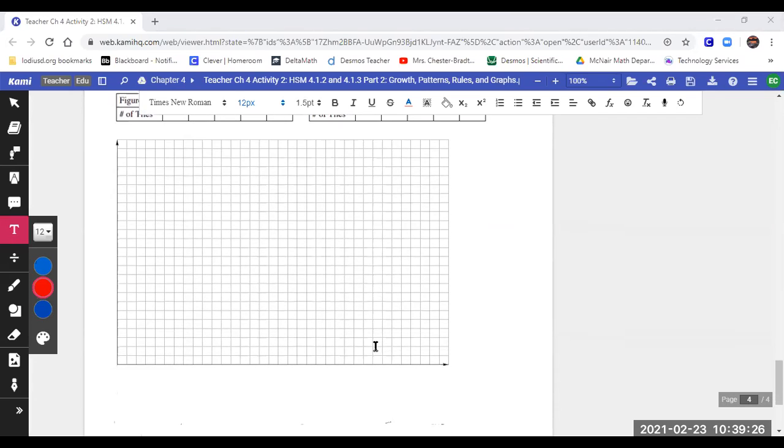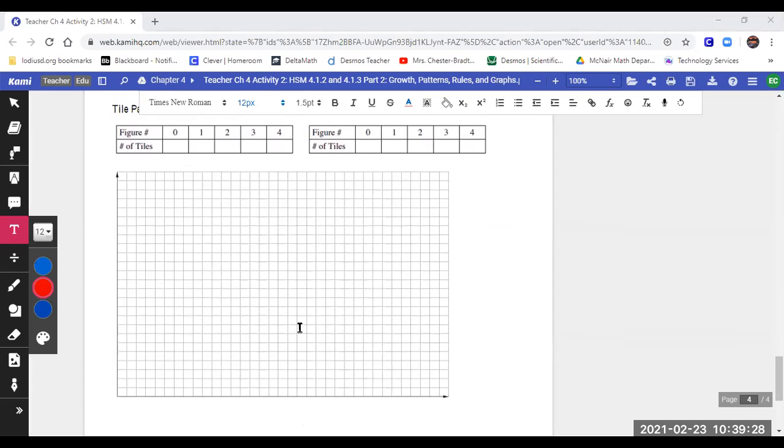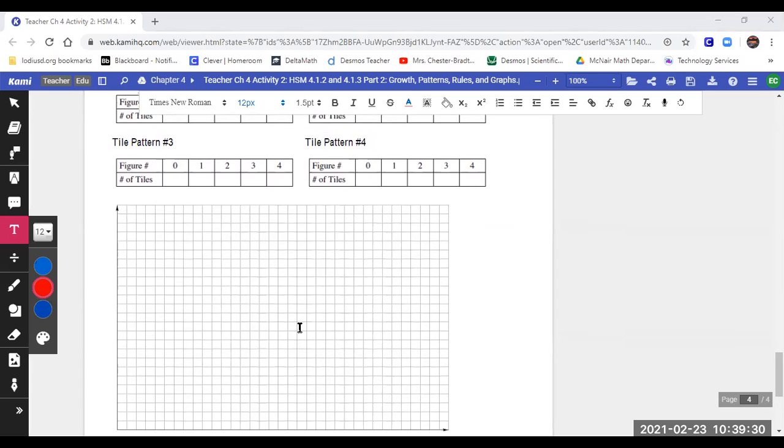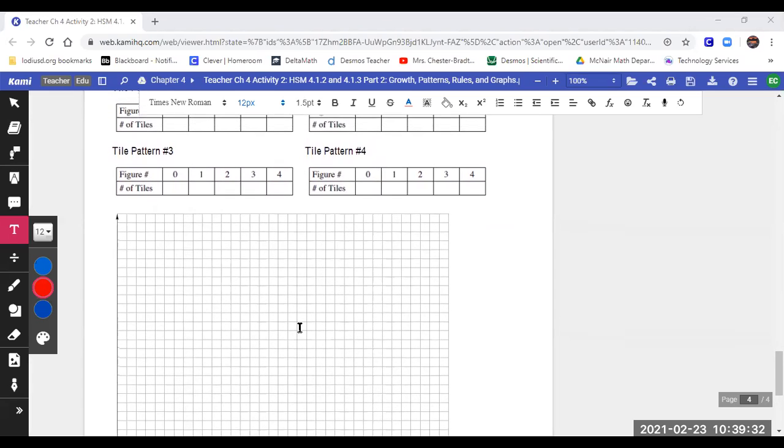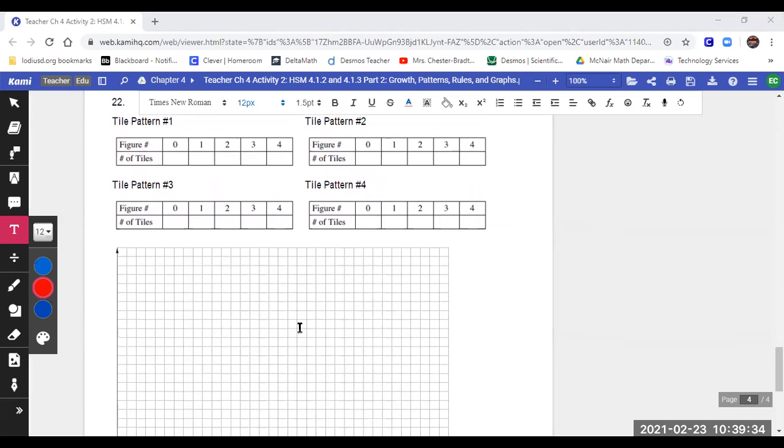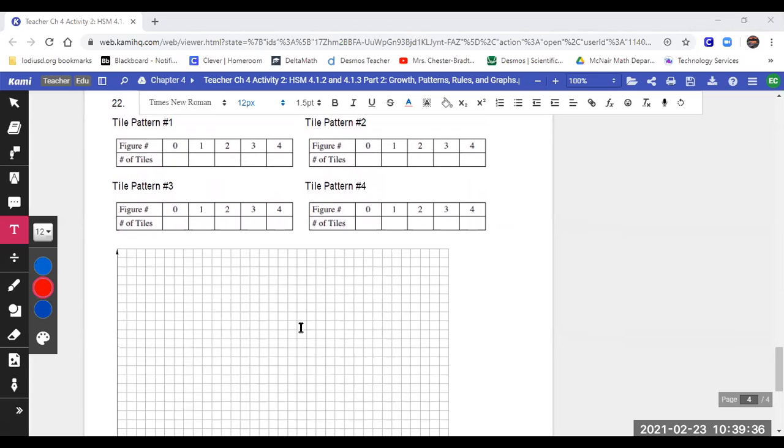And all 4 lines are going to be made separately on the graph, which means you have to use 4 different colors. 2 different shades of blue and 2 different shades of red. So yes, you could do purple and red because those are close in color to reds. Or you could do a red and an orange because those still are red based.